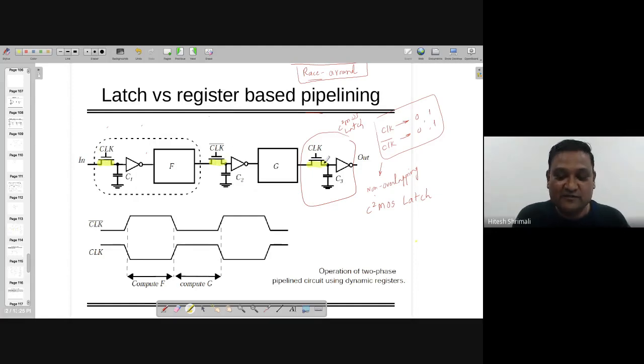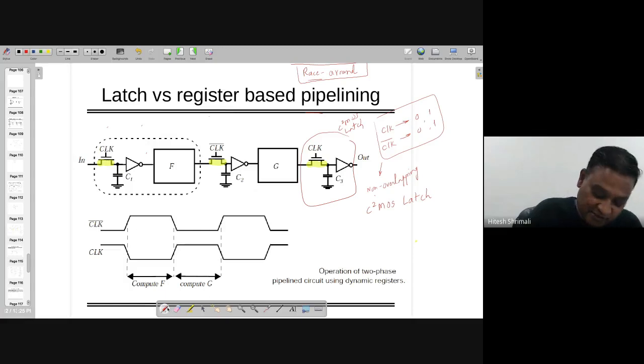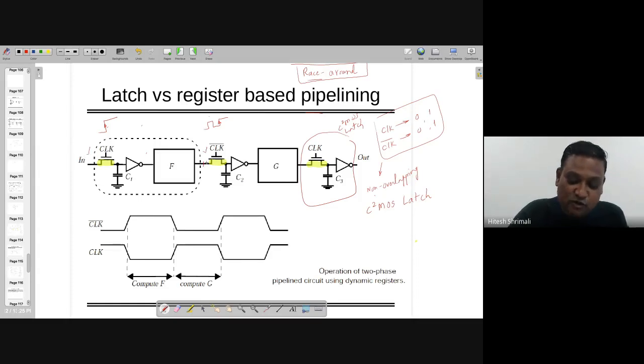I wanted each one of the stages working on the next phase. This has to work in the first clock phase only, going from 0 to 1. This has to work in the second clock phase, when it's going from 0 to 1. Otherwise, this guy is going to disturb this node, and this node is going to disturb the next node, and the output also. We want to stop them.